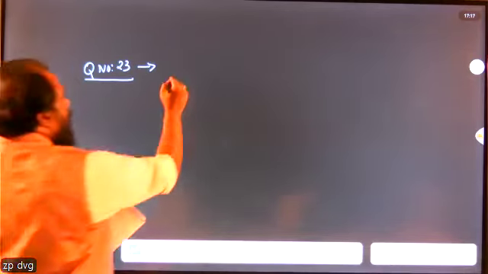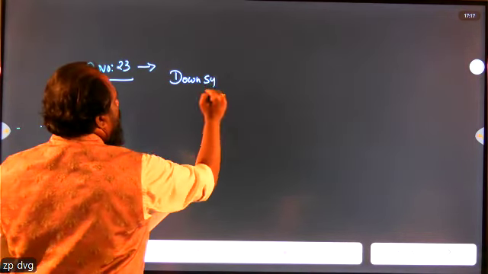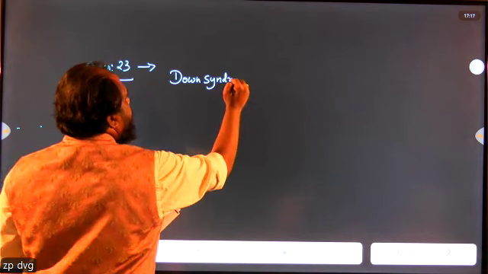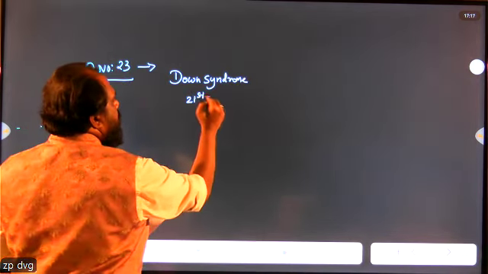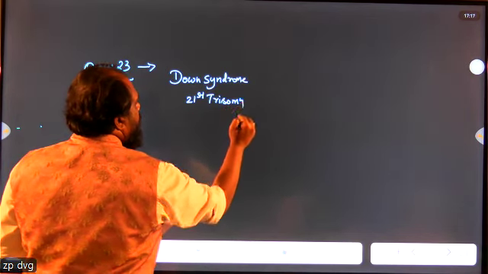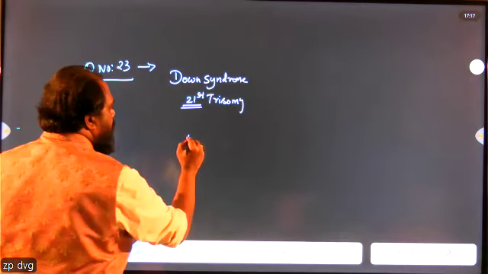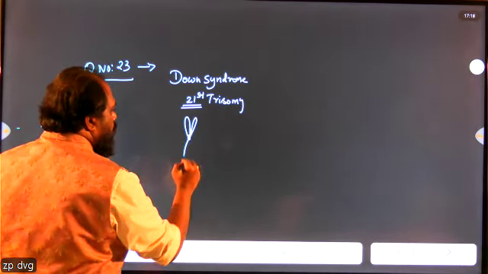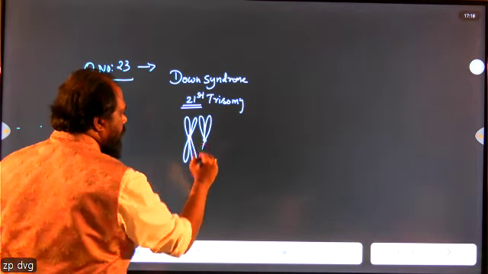Hope you remember what they're saying. The child is having Down syndrome. Down syndrome is due to trisomy 21. That means chromosome number 21 has 3 copies. See, for example, this is chromosome number 21. Normally 2 copies should be there.